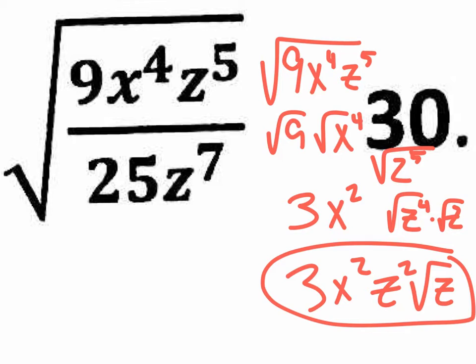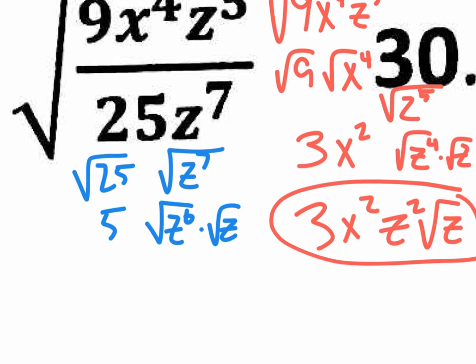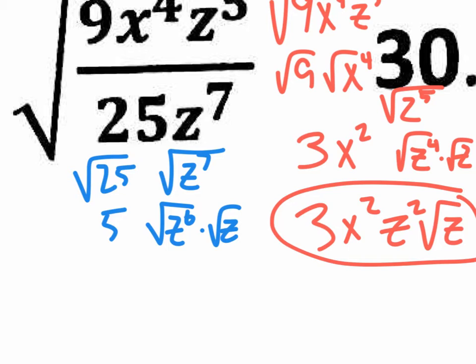We're going to split the square root to the 25. That's easy. The answer is 5. And split the square root to z to the 7th. Now, this is where it gets a little more interesting. So we end up with a 5. And the square root of z to the 7th, we're going to rewrite it as z to the 6th times z. Because z to the 6th times z is z to the 7th. So in our denominator, we're going to end up with what? 5 z to the what?